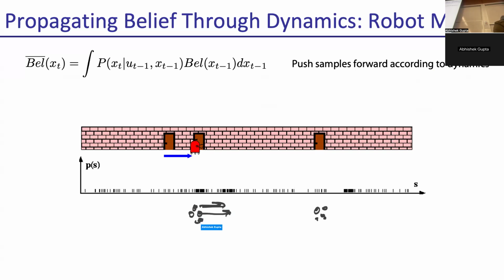If you're at this state, you're probably going to move to the right. So after this step, you'll have a bunch of particles right here. The easy way to think about it is you're just moving states around. You have a collection of states, you're doing your dynamics step, and you're moving those states.